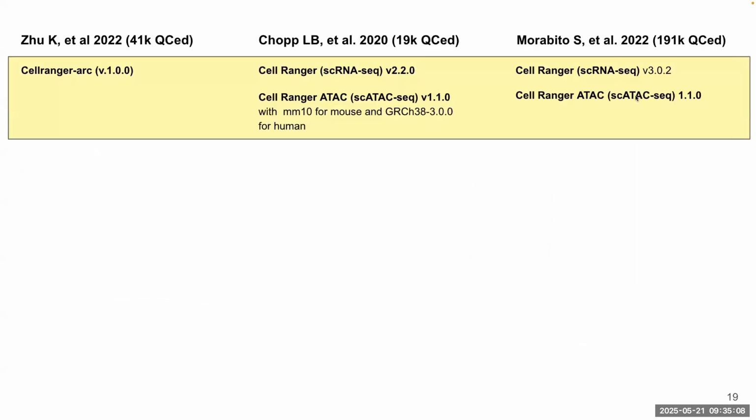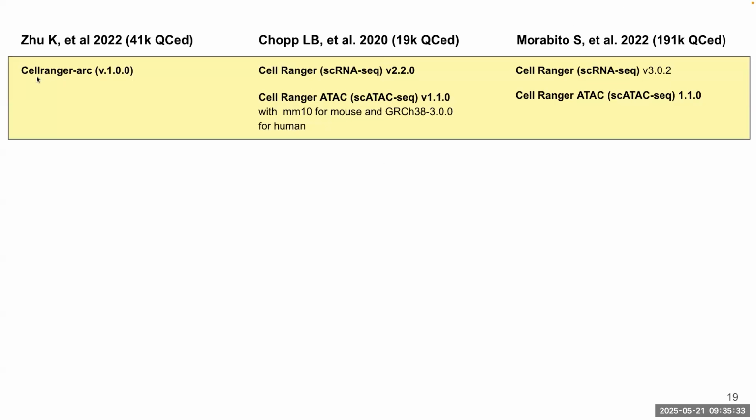So what we have here is that now, after briefly explaining the strategy and tools used, as well as trying to highlight common thresholds used to run the analysis, focusing on ATAC, we have here the three articles. This is the article that I explained now. This is the second article in the second column, and the third one is the third article.